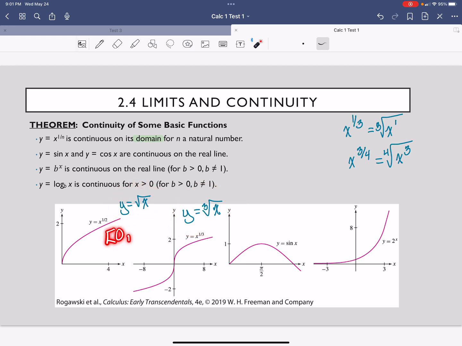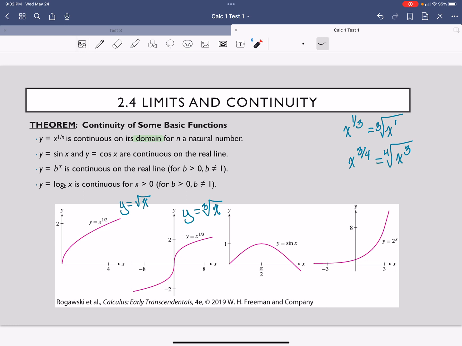Now you can have 0, so we would have a bracket around 0 because you can take the square root of 0. It's just 0. But here I can take the cubed root of negative numbers. So our domain here is all real, negative infinity to infinity. So that's why the function is going on our negative values, because it's all real numbers.